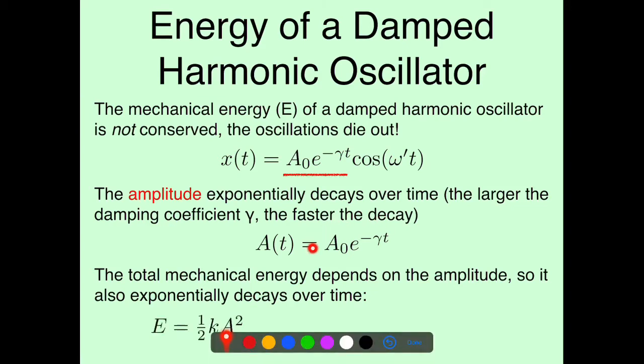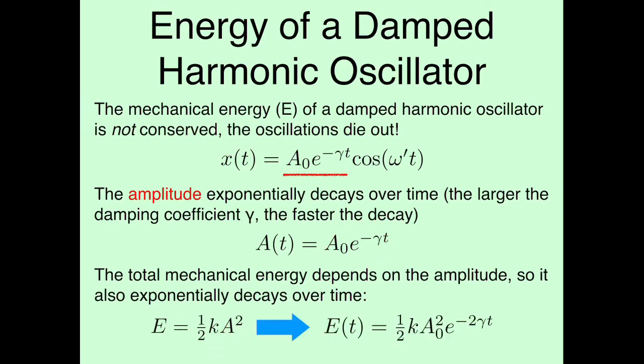If we plug this in for A, we'll get the energy equals 1/2 times k times a naught squared times e to the minus 2 gamma t, because if you square the exponential, you get a factor of 2 in the exponential. So the energy is a function of time which is exponentially decaying. Okay, the energy is going away.